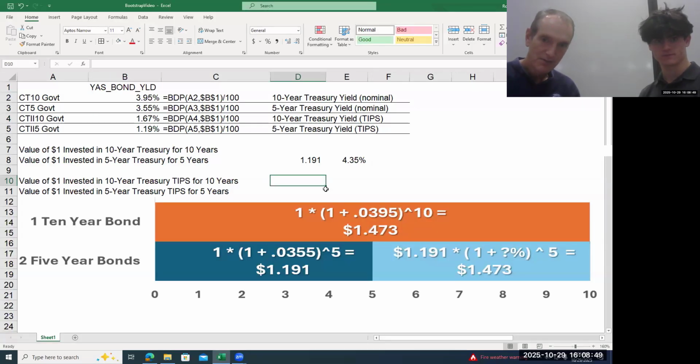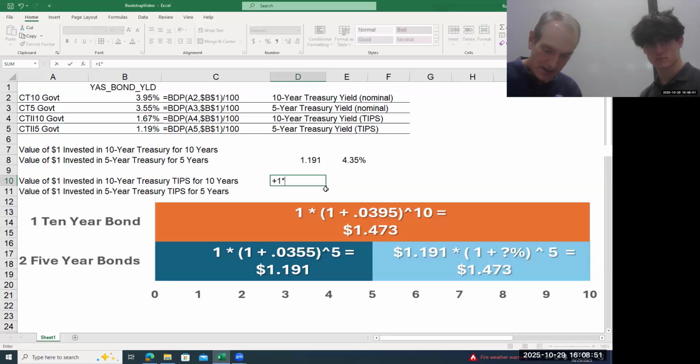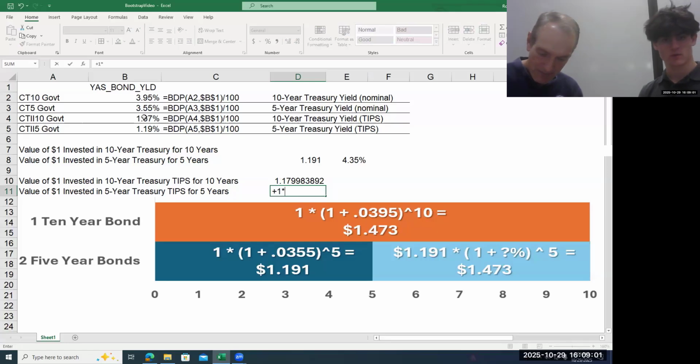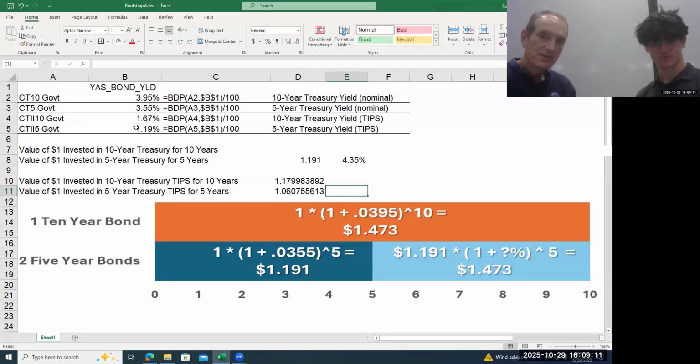So we'll do the exact same thing we did before. 1 plus the 10-year TIPS yield raised to the what? To the 10th. And we'll do the same thing with the 5: 1 plus the 5-year, raised to the 5th. And so we're going to ask, what will this TIPS yield be in 5 years?